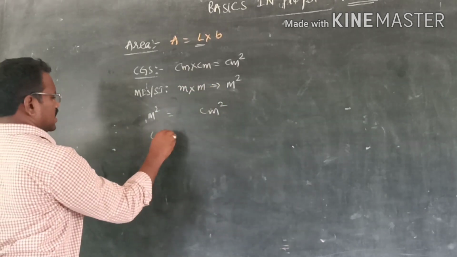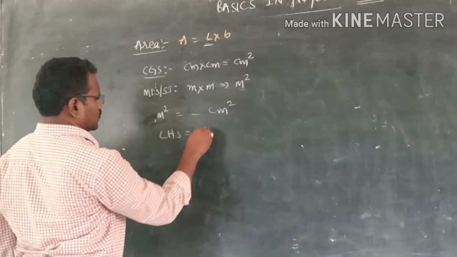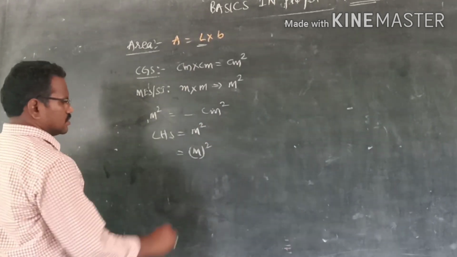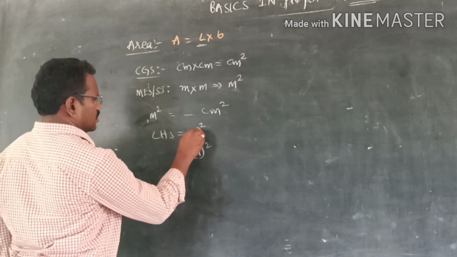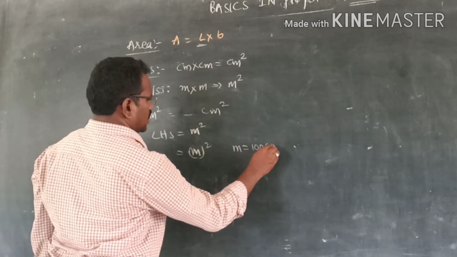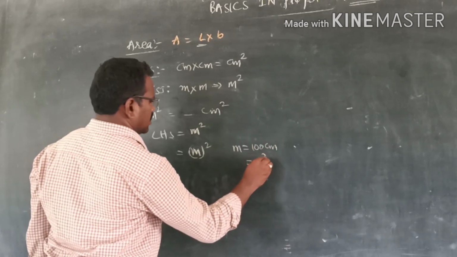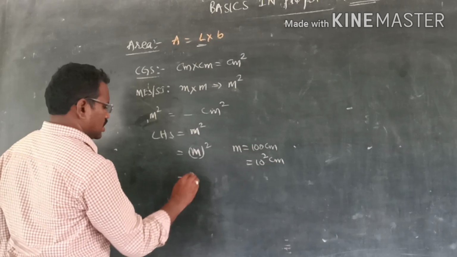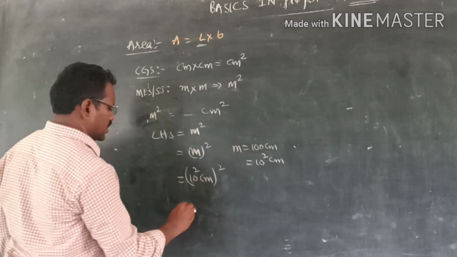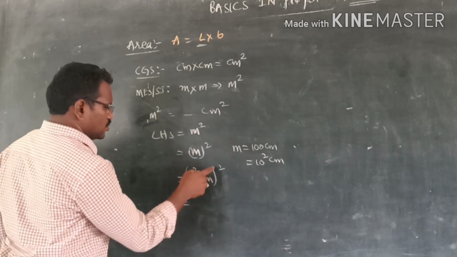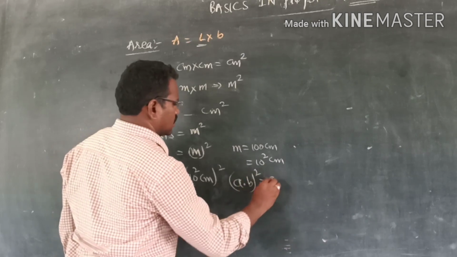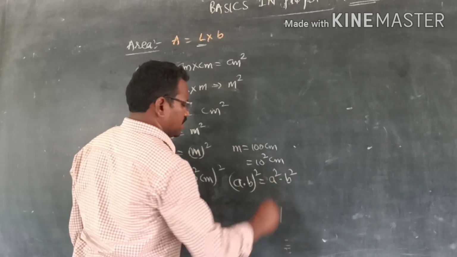If we consider the given LHS as meter square, this can be written as meter whole square, small m we should write. We know that 1 meter is equal to 100 centimeters, which can be written as 10 square centimeter. Now it becomes 10 square centimeter whole square. This is like (a into b) whole square, which is equal to a square into b square.